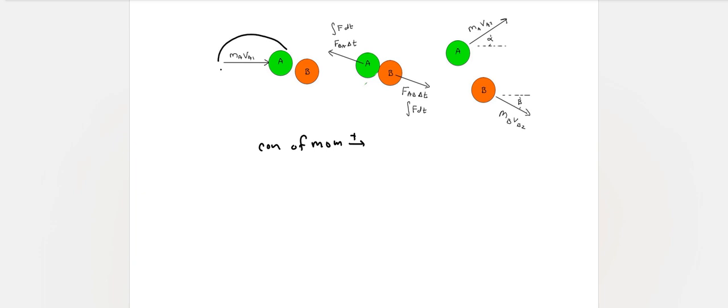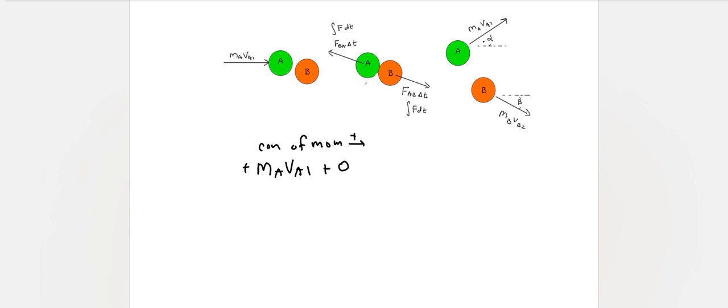As we look at this picture, only one of those has a momentum to the right, and that momentum is what I call MAVA1. It's to the right, so we're going to call that plus. You don't need to put the positive there if you don't want to. This object doesn't have any momentum, so you don't have to put anything. Or if you want, you could put a zero there to say, yes, I consider the second object.